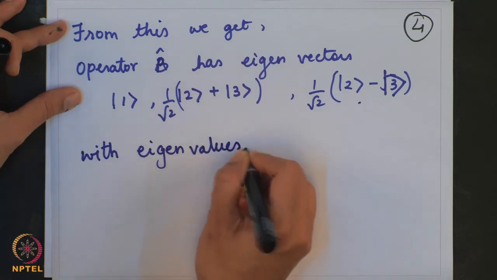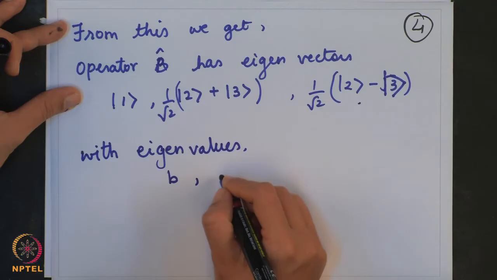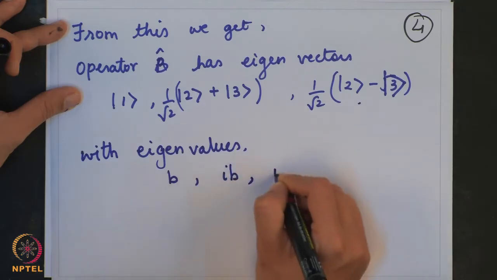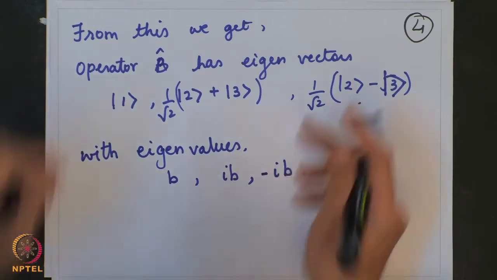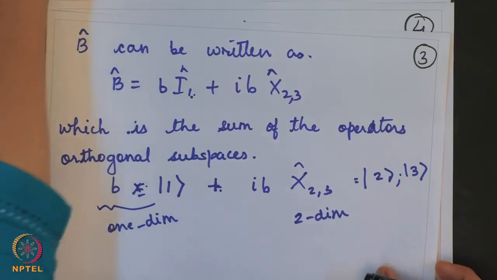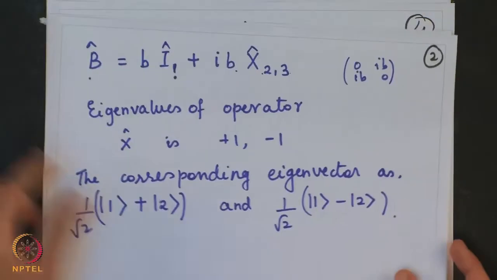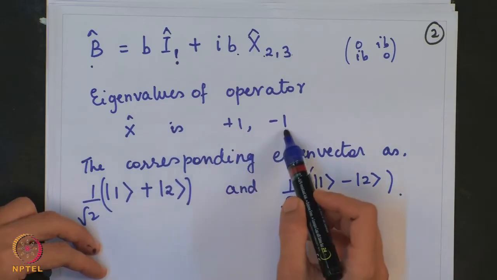From this we can guess the eigenvalues also: B, iB and minus iB, because on the second page we have seen that the eigenvalues of this operator are +1 and -1.